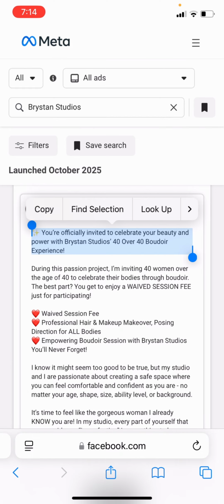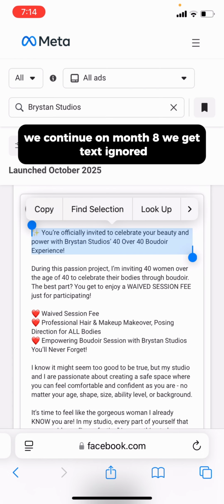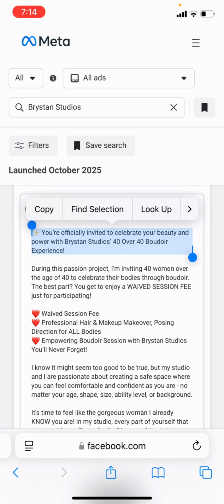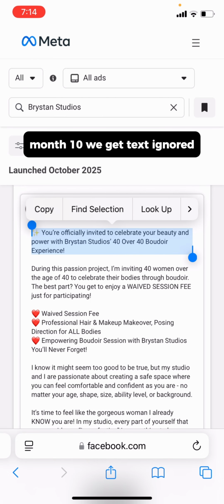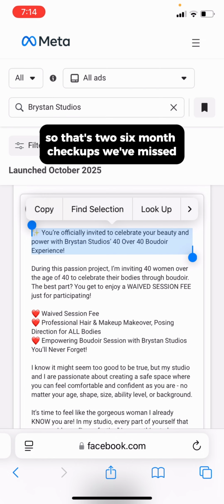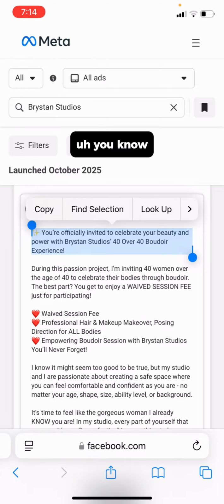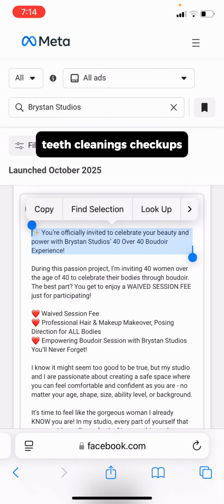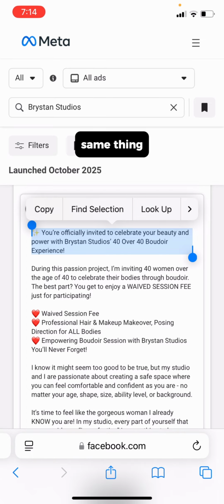Now, we continue on. Month 8, we get a text, ignored. Their auto texter again, month 10, we get a text, ignored. Month 12, we get another text, ignored. So that's 2 6-month checkups we've missed. Teeth cleanings, checkups, we missed 2 in a row. Why is that? Well, same thing.